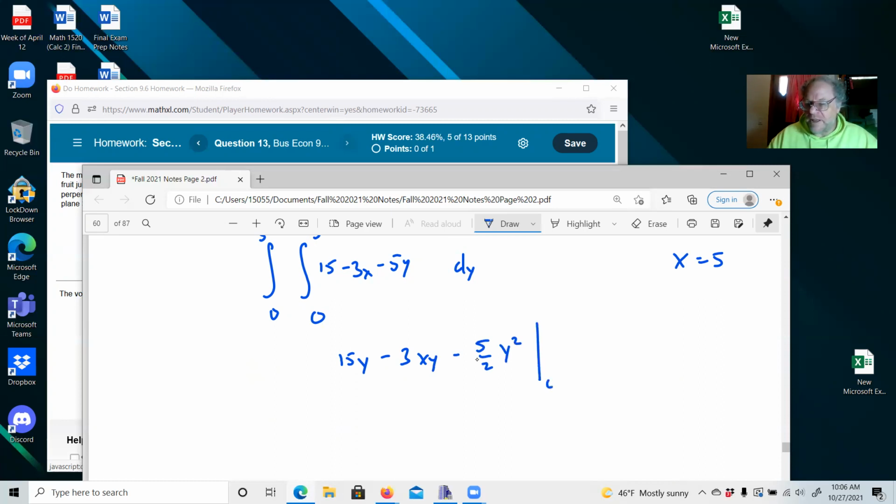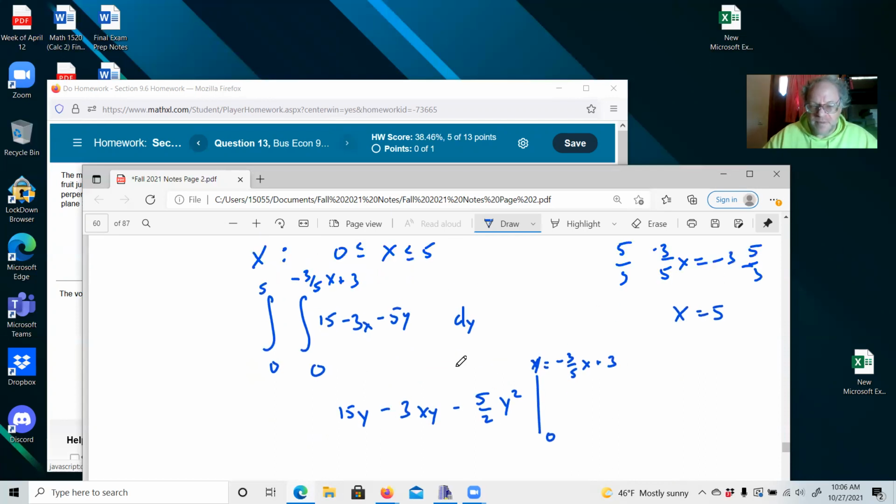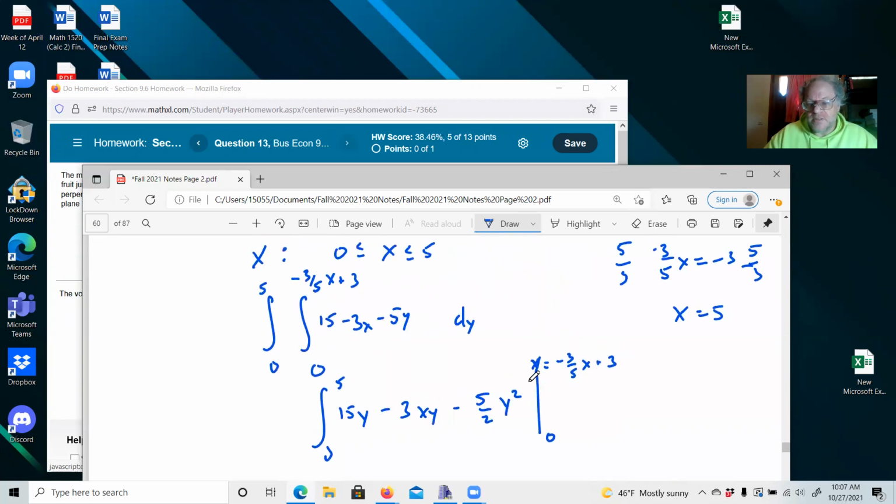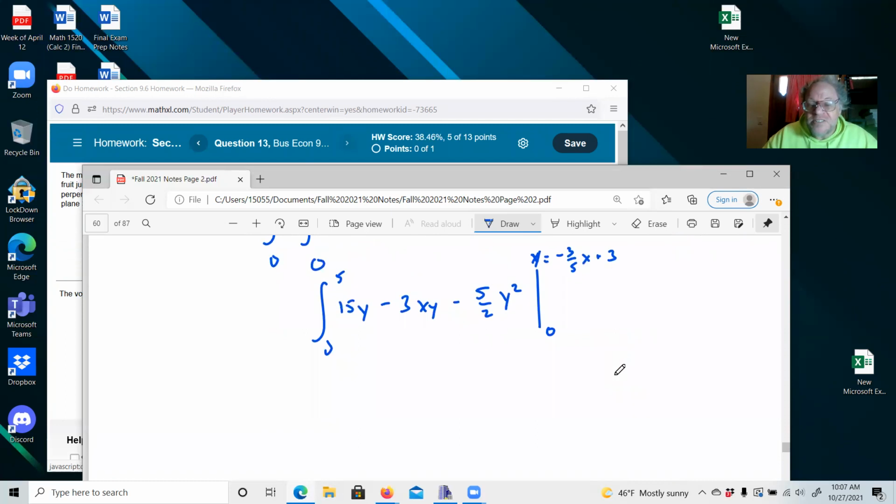What are our limits on y? y is going from 0 to y equals negative 3/5 x plus 3. And we still have x going from 0 to 5. So there we go. Not the nicest arithmetic problem we have to deal with, but it is doable. It's not that bad.